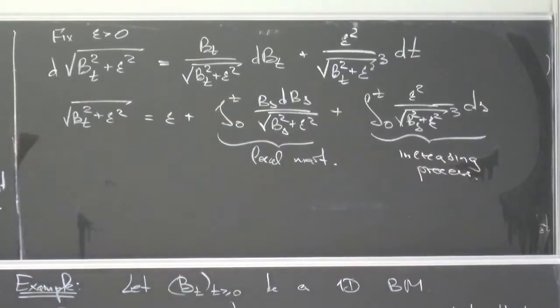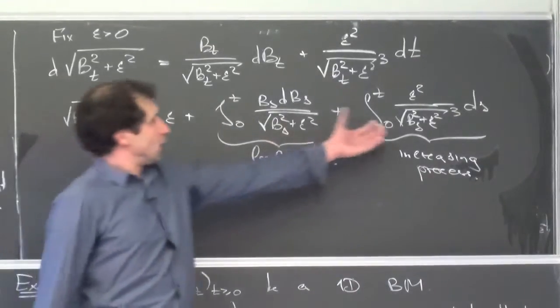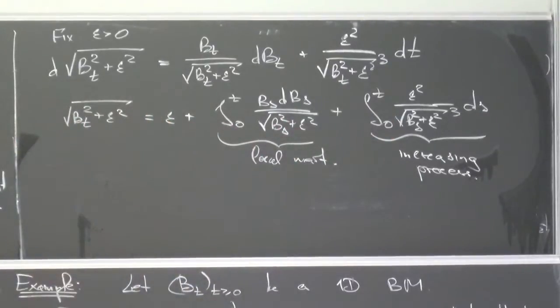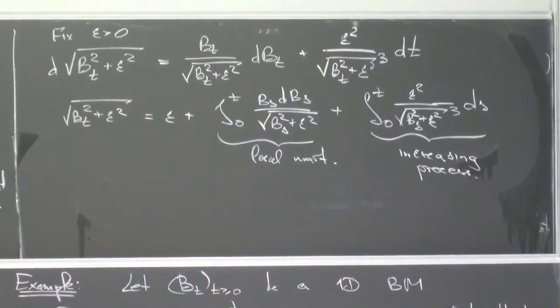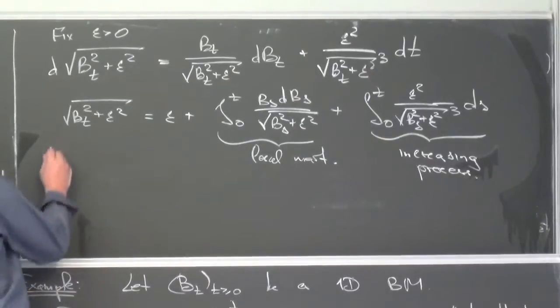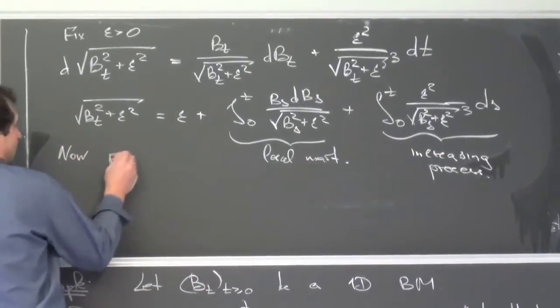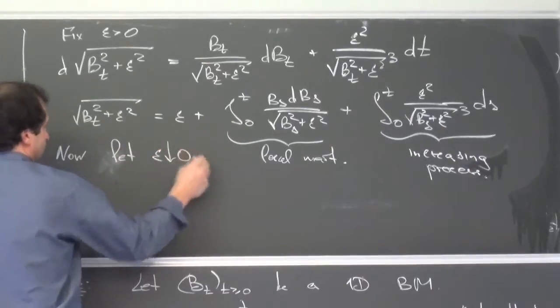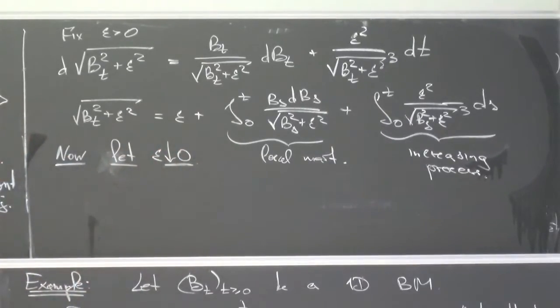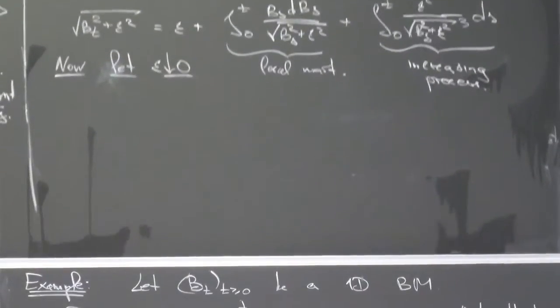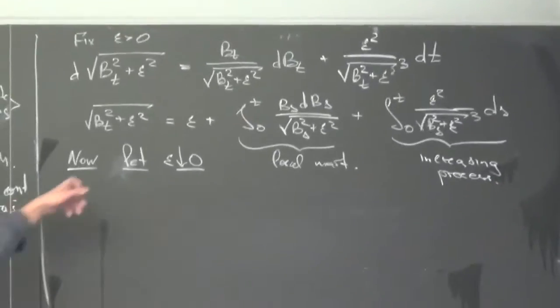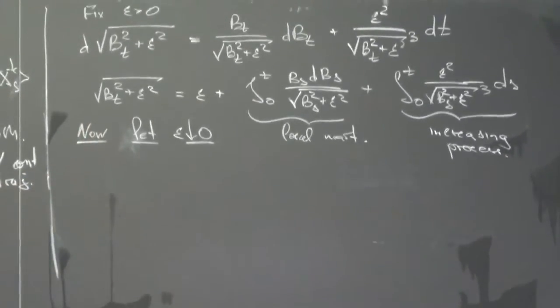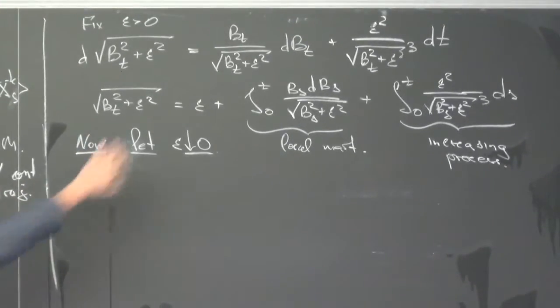Well, now you have a straightforward idea: just pass to the limit when epsilon tends to 0. So basically what you expect to appear is that this is the absolute value of B_t, right? This disappears, of course.